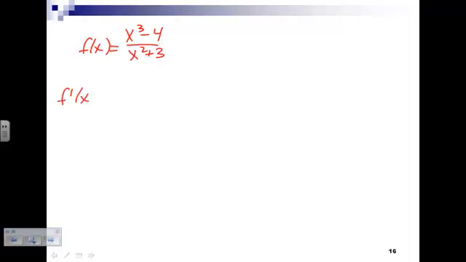So f prime, I might even throw some extra notation in here just to be extra special cool.